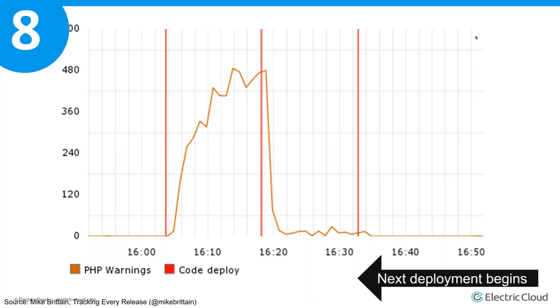Yep, and to me there are a lot of parallels between this and automated testing in your CI pipeline, right? The orange or brown, depending on the quality of your monitor, graph here, you can look at that and say, well, that's when you start to have test failures in your CI pipeline. And then the next red line is not a code deploy, but a submit to fix it. So you want to have that same kind of cadence in your CI system.